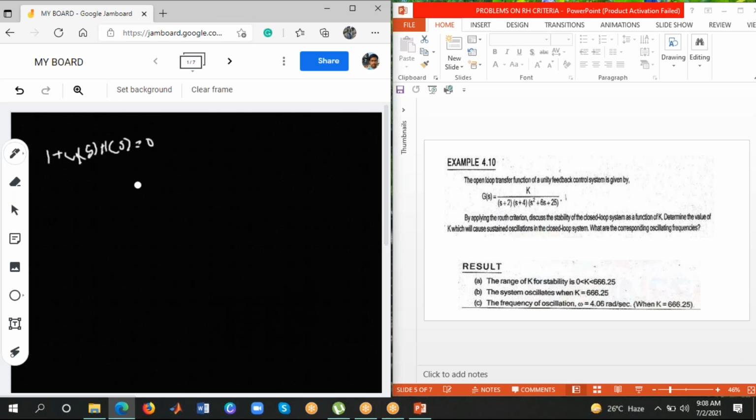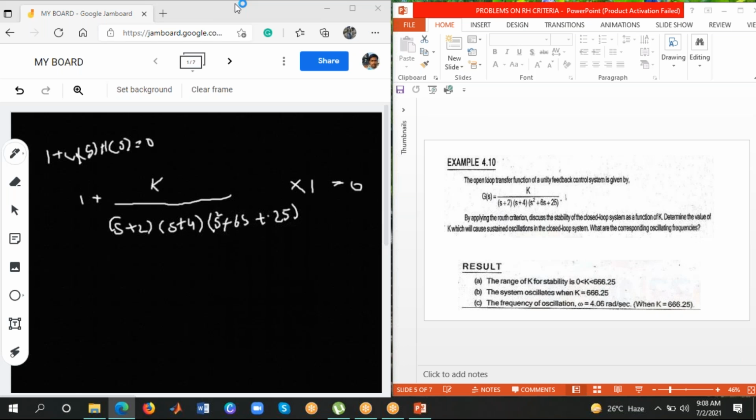So the characteristic equation is 1 plus K divided by s plus 2 into s plus 4 into s square plus 6s plus 25, into 1, that is H of s is 1 because it is a unity feedback system, equals 0. Now I am going to simplify this problem.